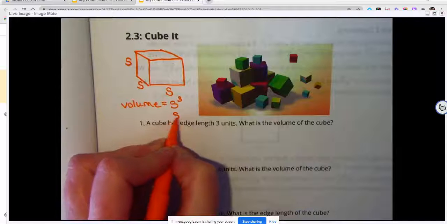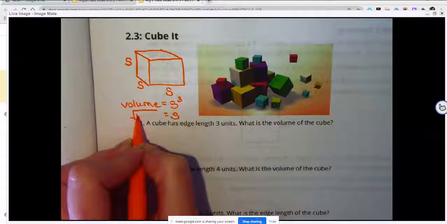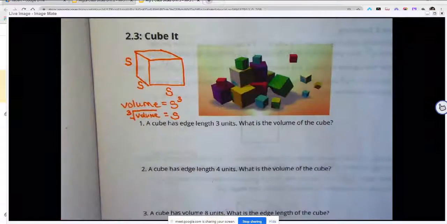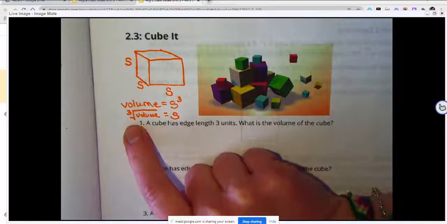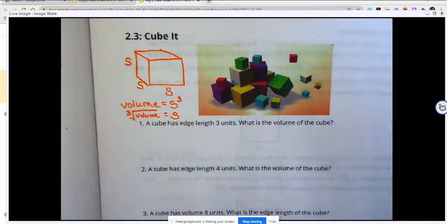And if we know the volume, we can cube root the volume. We do that by putting that 3 outside of the radical symbol. So to cube root something, and we'll see how we do that on a calculator as well.